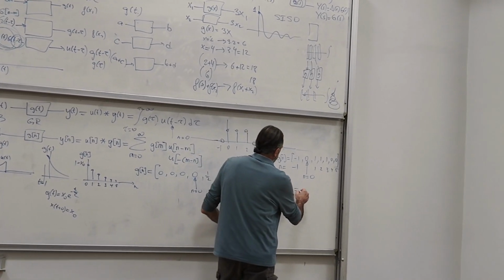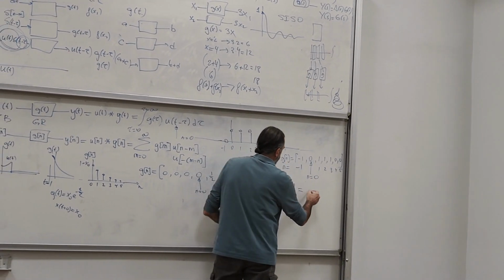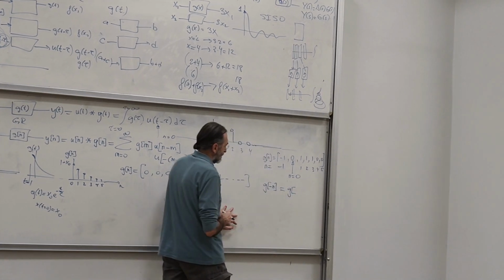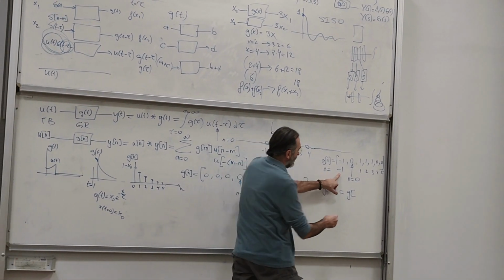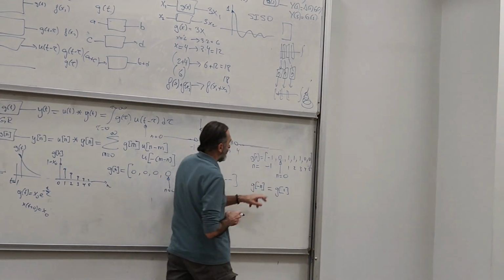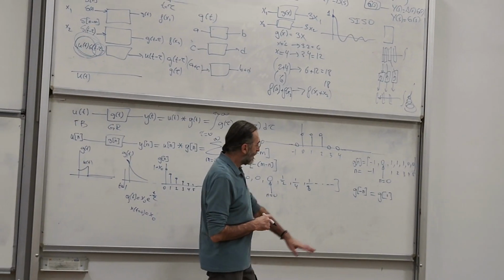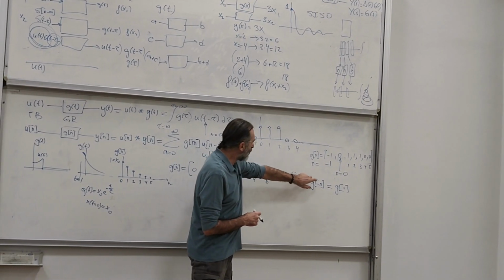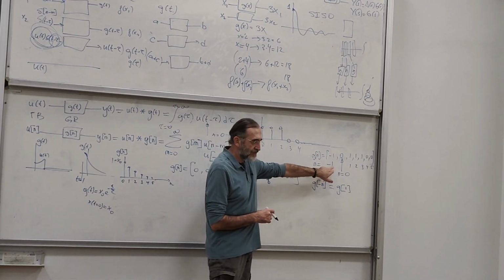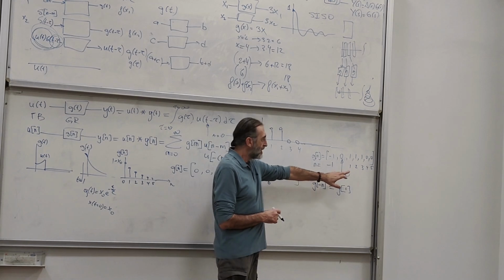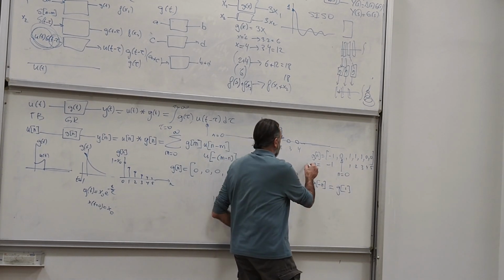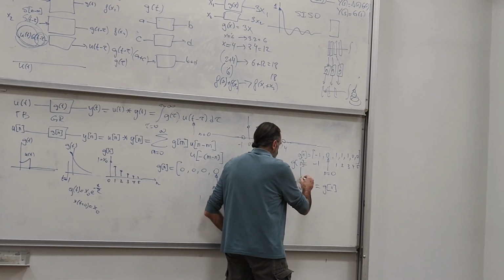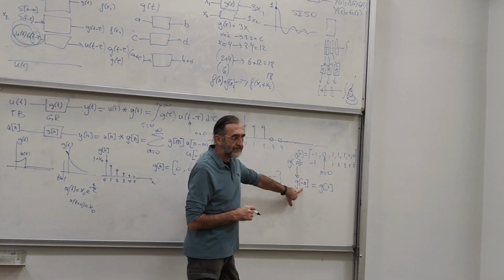Here, minus 1 turns into plus 1. If I switch to this from that, all the n's are going to have the opposite sign. So g of n is going to turn into g of minus n.